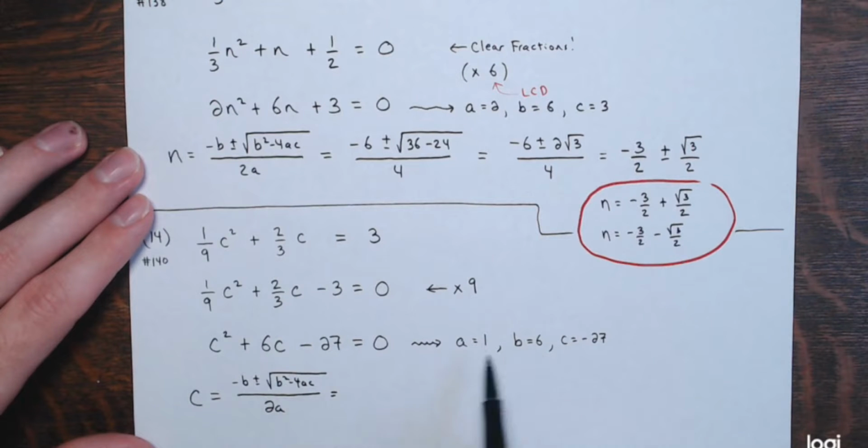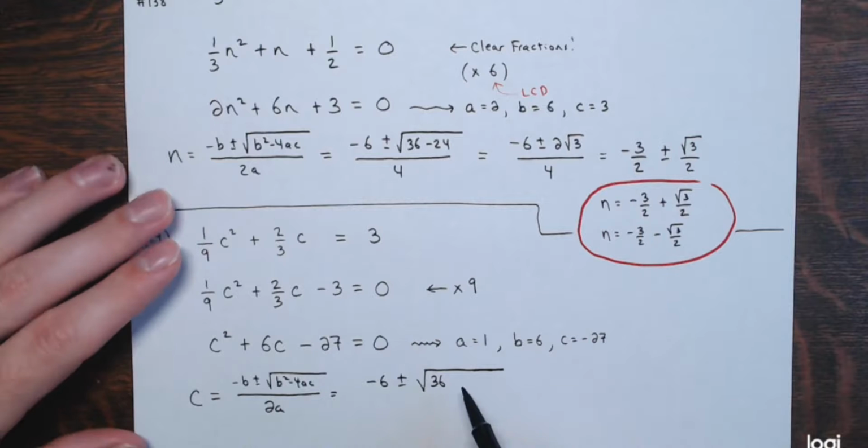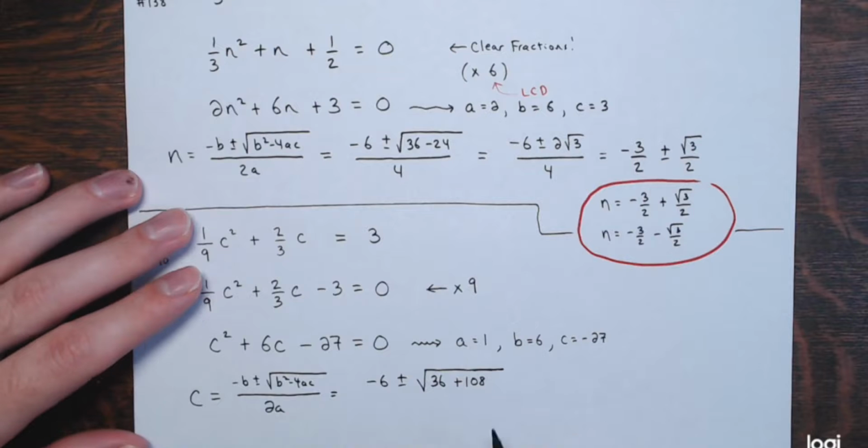B is 6, so this is -6 plus or minus the square root of B squared, which would be 36. Then -4 times A is -4, and then -4 times C. -4 times -27 would be +108. So we have 36 plus 108 in the square root there.